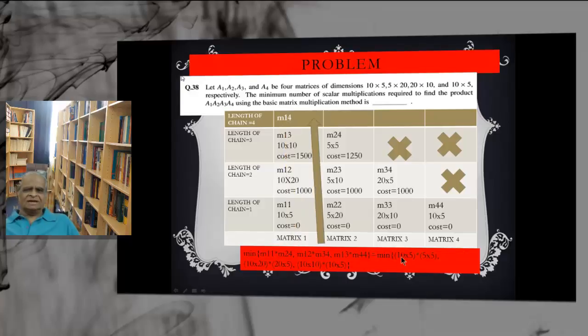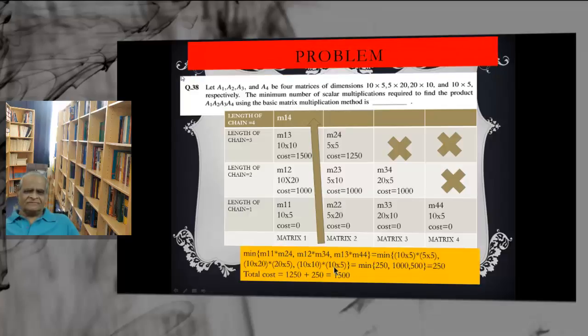The split will have M11 is 10 into 5, M24 is 5 into 5, M12 is 10 into 20, M34 is 20 into 5, M13 is 10 into 10, M44 is 10 into 5.